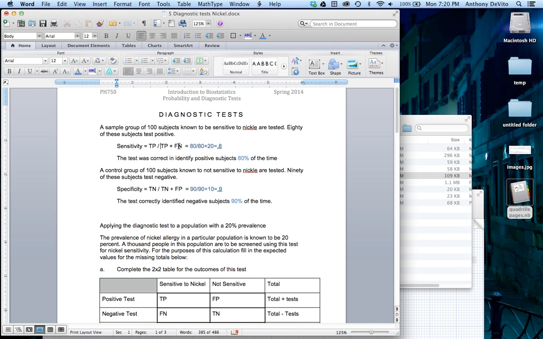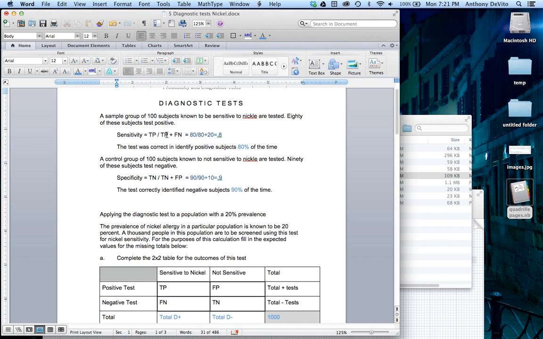Yeah, the false negatives are positives, right? In other words, the sensitivity is equal to the number of true positives, the people that definitely tested positive, over the total. So the people on the bottom are all the people that have the disease.